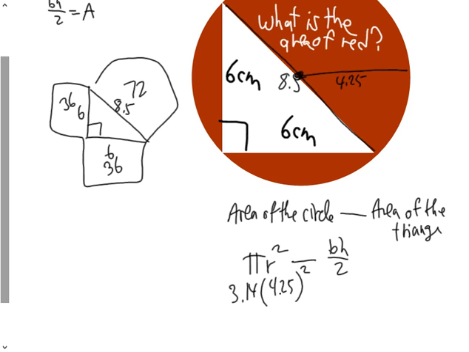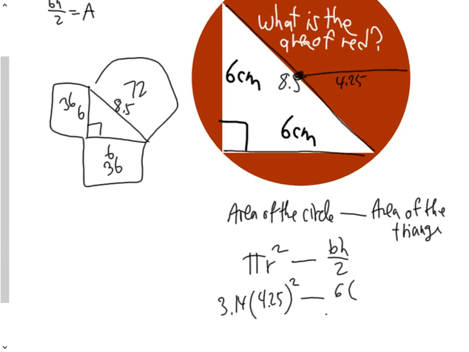Okay? So what I have so far is pi r squared. Take away, now let's look at the triangle. The base of the triangle is 6. The height of the triangle is also 6, divided by 2.